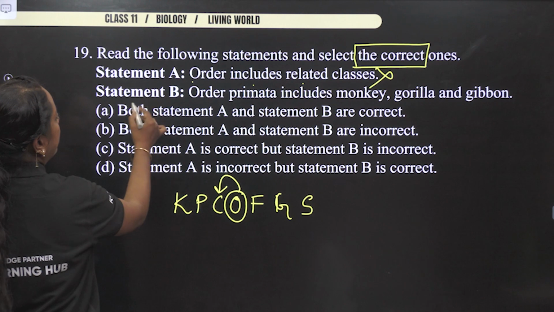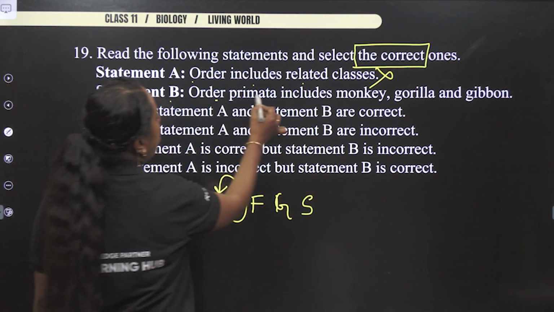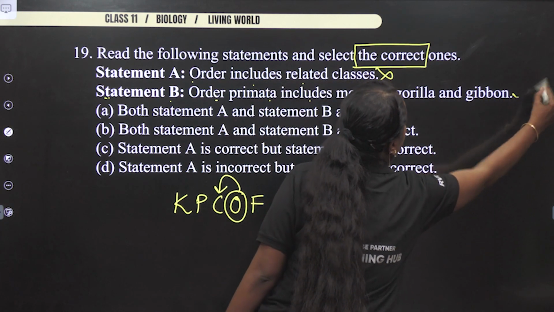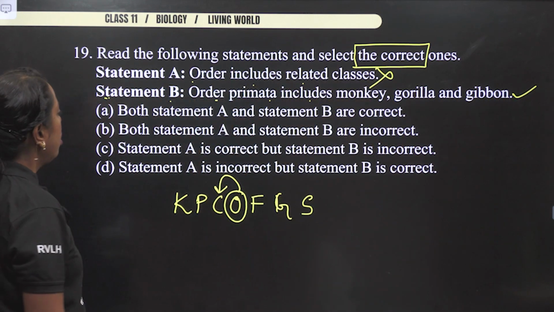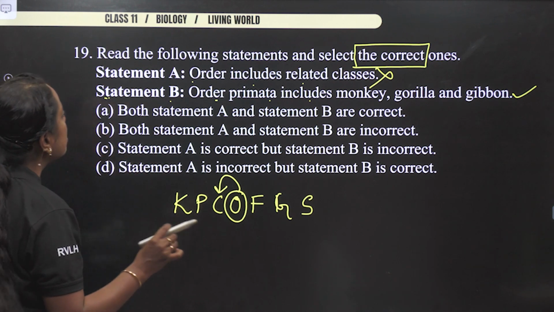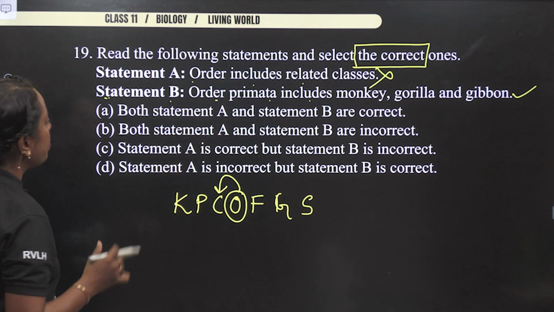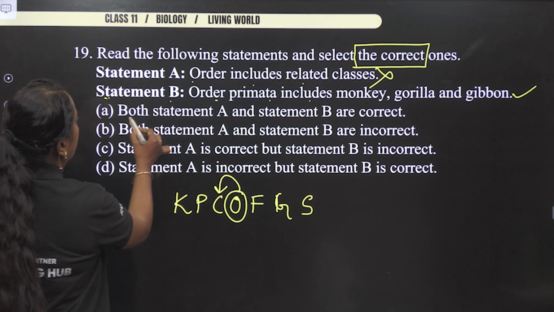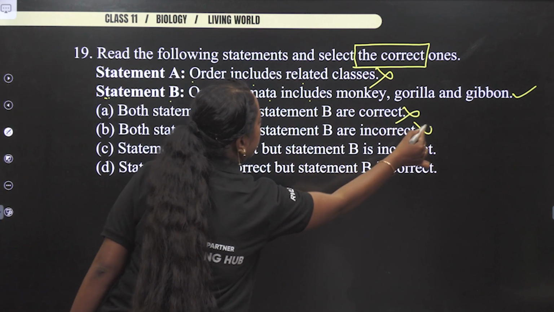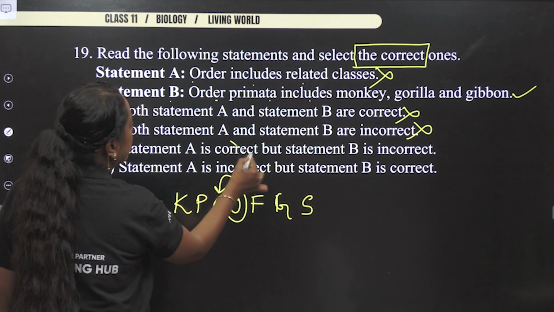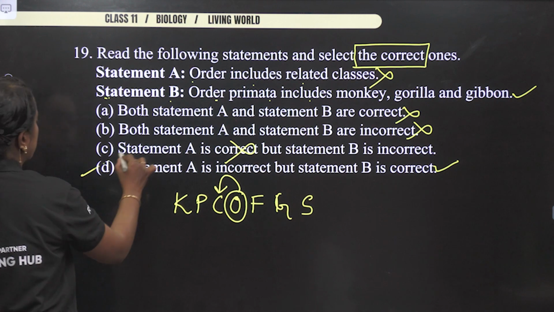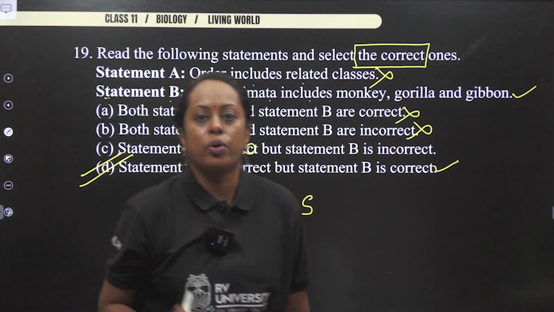No. Next statement, order Primata includes monkey, gorilla and gibbon. So this is correct. Statement A is wrong and statement B is correct. So which option is it? Both statements wrong, no. Both A and B incorrect, no. Statement A correct, no. Statement A is incorrect and statement B is correct. So our answer becomes Option D. I hope you understood.